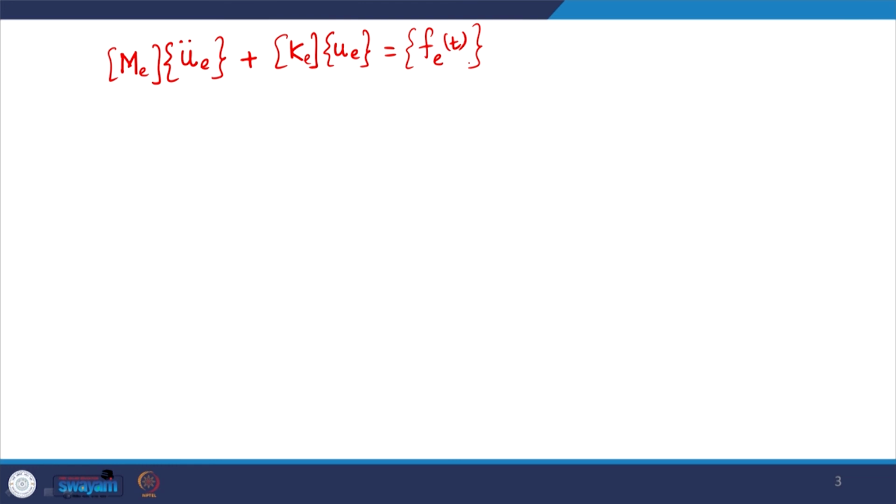Now the loading function, the equivalent nodal loads, will also be in general a function of time. So, this is the element level equilibrium equation for an undamped system.